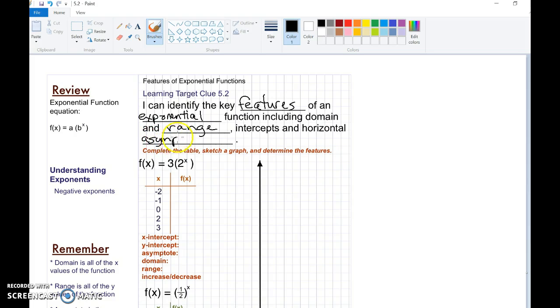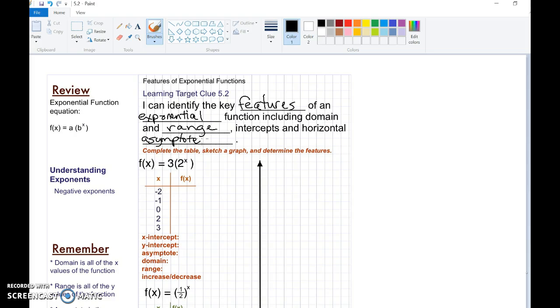That's a brand new word. Asymptote. I can identify the key features of an exponential function including domain and range, intercepts, and horizontal asymptote.